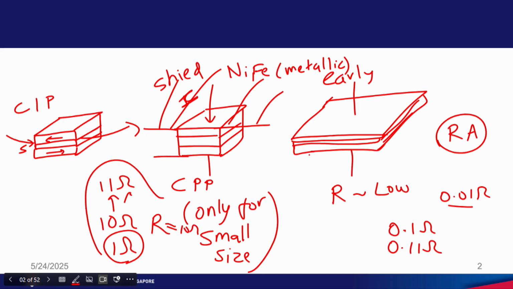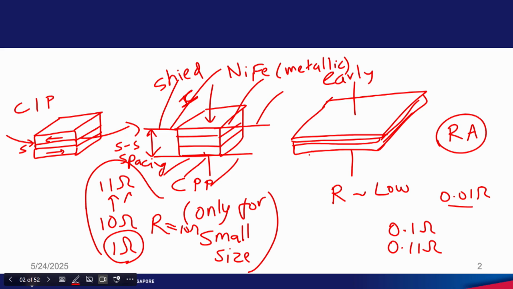Similarly at the bottom also you have some soft magnetic material like these, which are magnetic and metallic. So, you can send current through the shield, through the device, and it will come through the other side of the shield. Because of this reason, you are minimizing the spacing between shield and shield. Shield to shield spacing is reduced. So, this also helps to achieve high density recording.